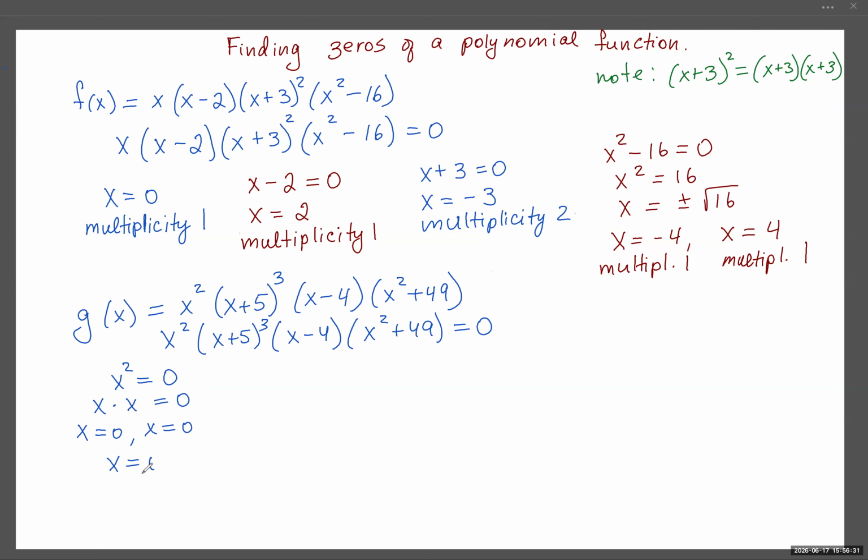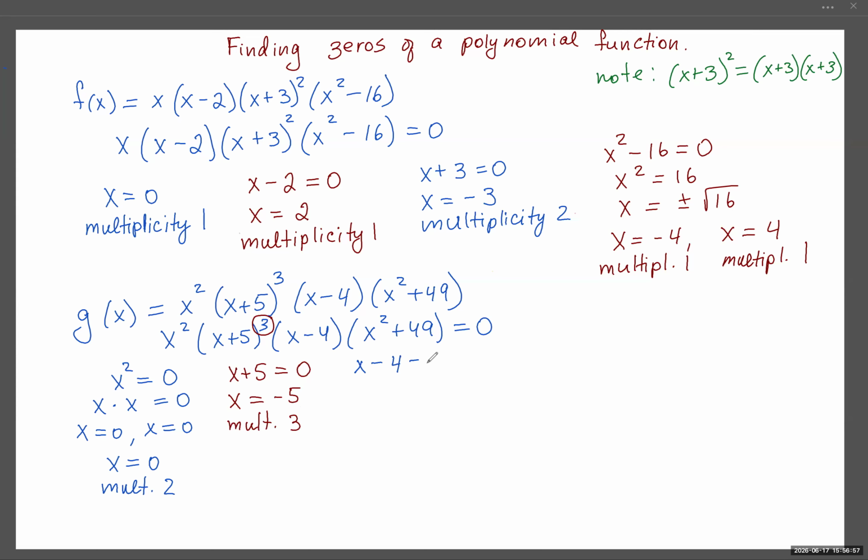So the answer is x = 0, multiplicity is 2. Now the second factor, x + 5 = 0. So x = -5. This parenthesis was cubed, so there's 3 of them in this location. So the multiplicity is 3 here.